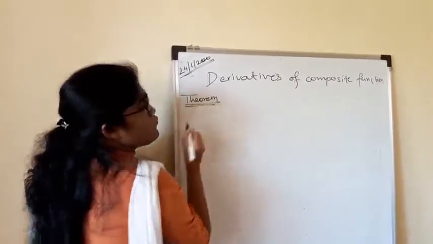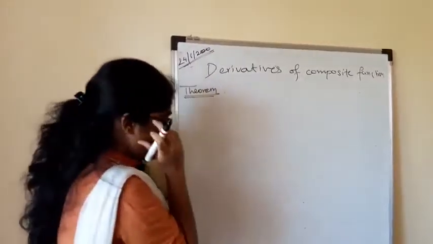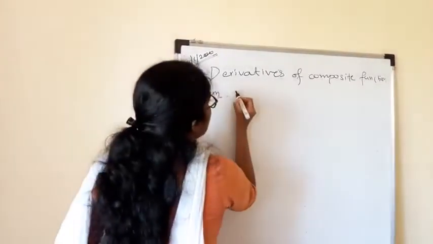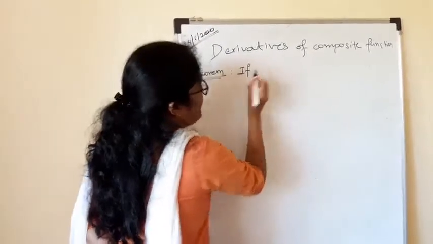So, a very important theorem, students. There are 3 to 4 theorems in differentiation that are important in board exams. So write down the statement of this theorem with me.